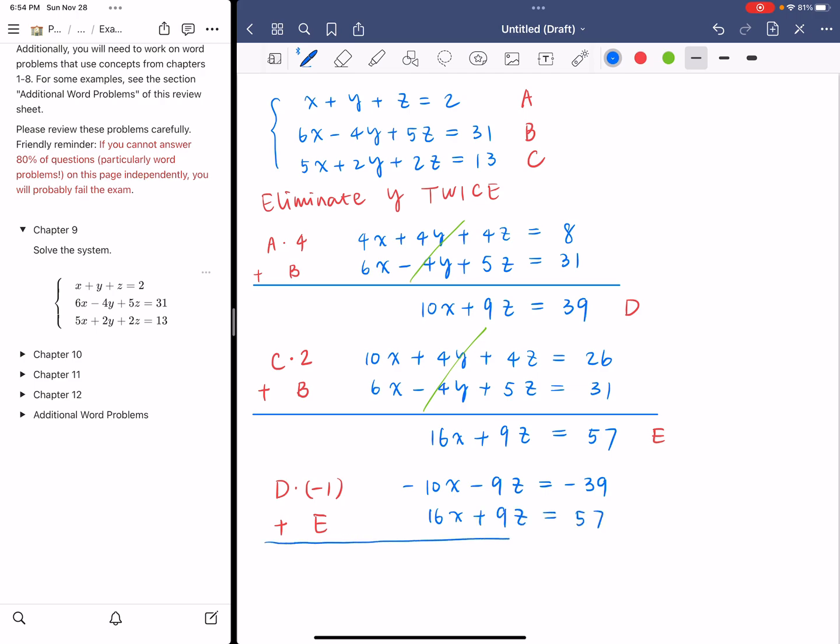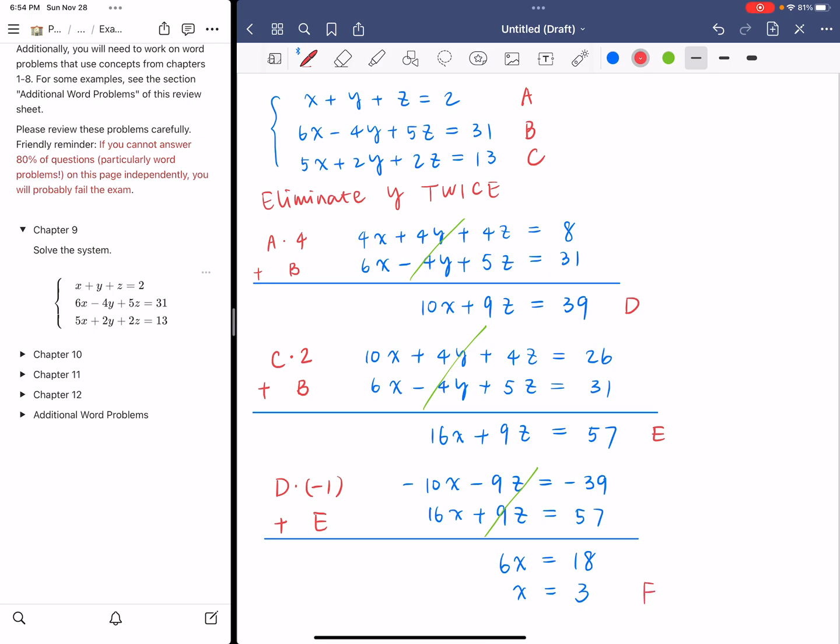Once we do the transformation, we could add these two. As expected, z cancels out. If we add it vertically, we will get 6x equals 18. Divide both sides by 6, x is 3. Let's name this equation F.